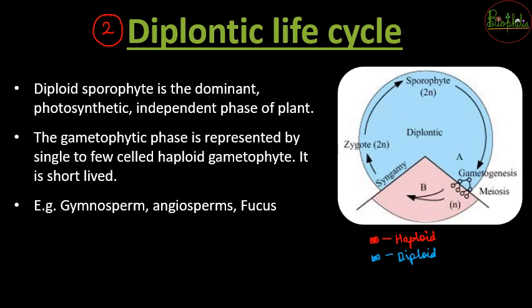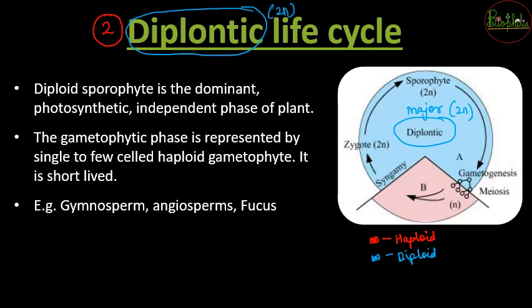Here the blue colored phase is going to be in maturity. So blue colored is having the major area covered, whereas the red or the pink colored part is going to be in lower quantity. So since the blue color, that is the diploid phase, is going to be in majority, what will its name be? Diplontic life cycle.